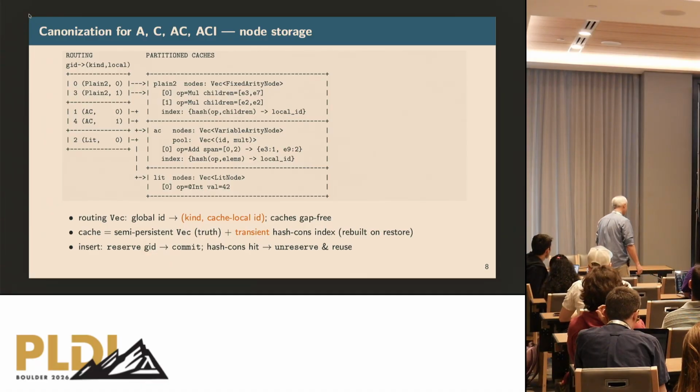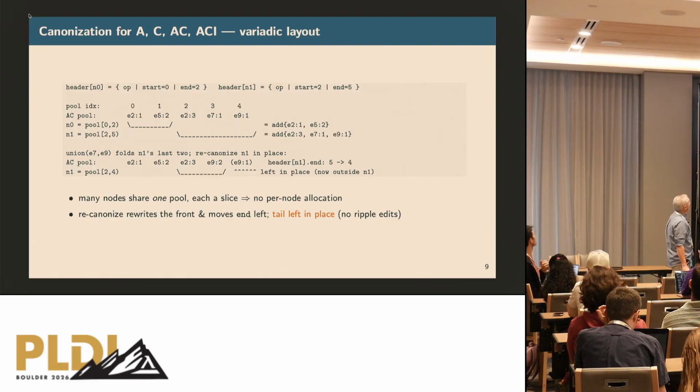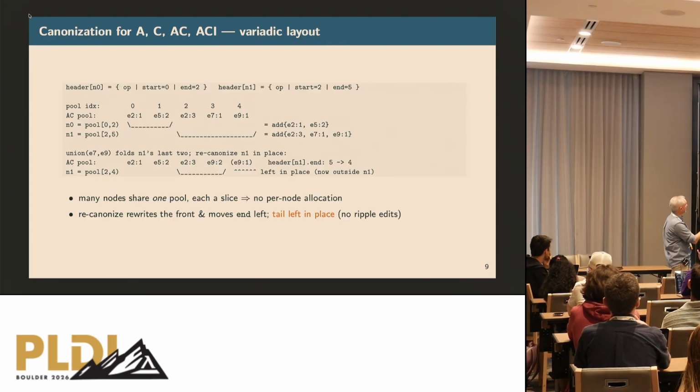So now I'm going to zoom into how we represent variadic nodes. Nodes that can have different numbers of children nodes, like the AC and ACI nodes. So what we do for these nodes is, an AC node represents a multiset, essentially. We're going to have a header node that has a fixed structure, like an operation and a start and stop index within a contiguous pool. So all the children of all the AC nodes are concatenated into a single node pool. And then a given node is just a slice of that pool.